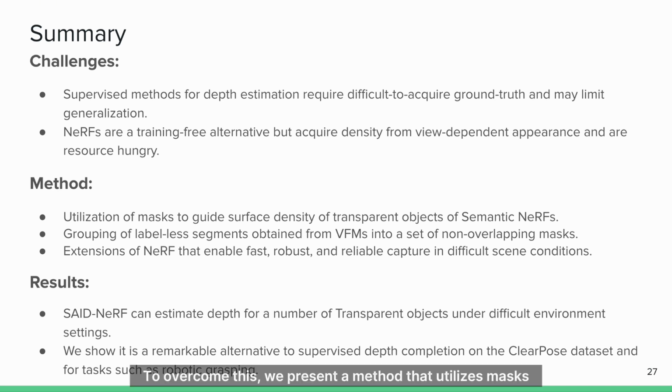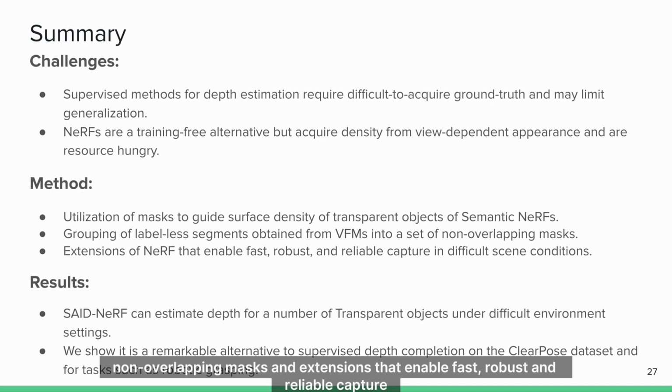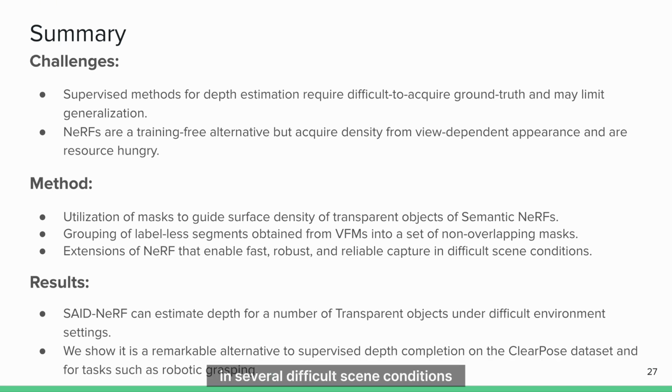To overcome this, we present a method that utilizes masks to guide the surface density of transparent objects, a heuristic for grouping label-less segments obtained from SAM into non-overlapping masks, and extensions that enable fast, robust, and reliable capture in several difficult scene conditions. We find that our method is remarkable under several difficult conditions and is a promising alternative to depth completion methods and for tasks such as robotic grasping of transparent objects.